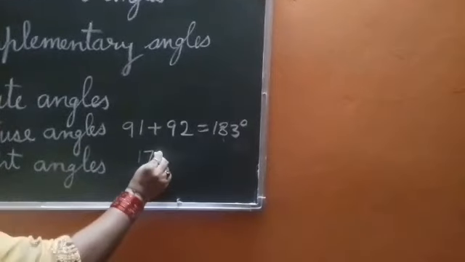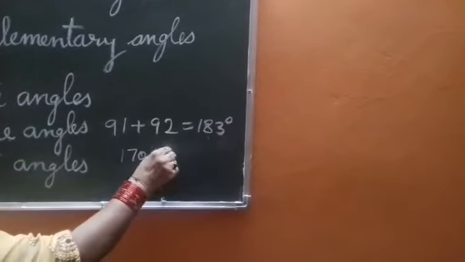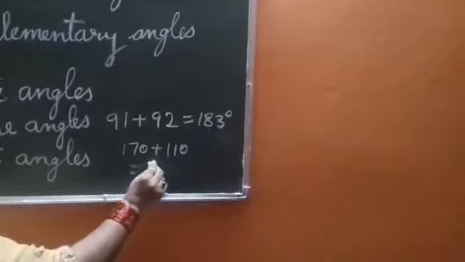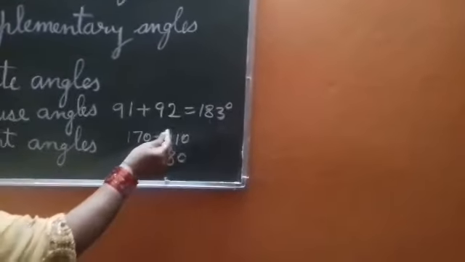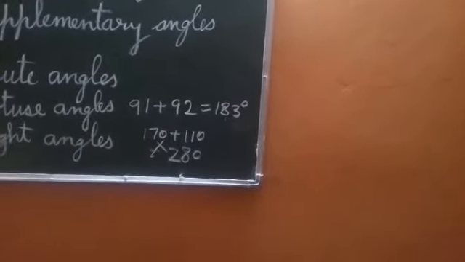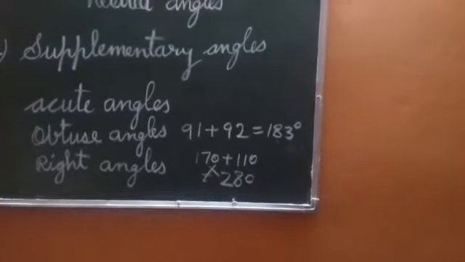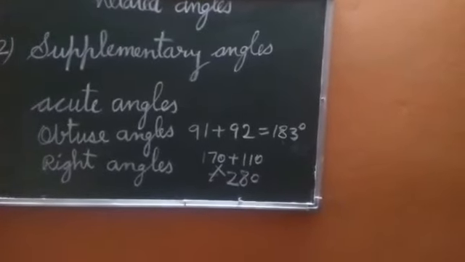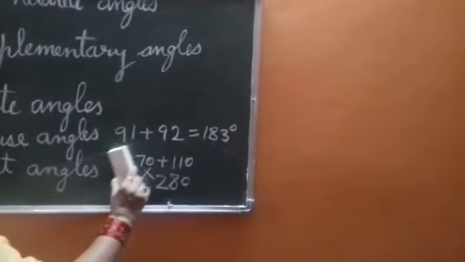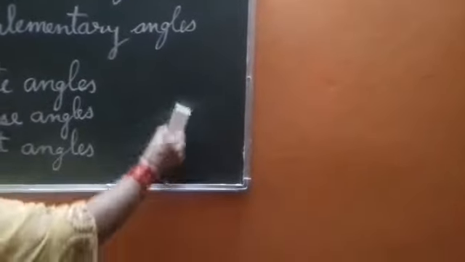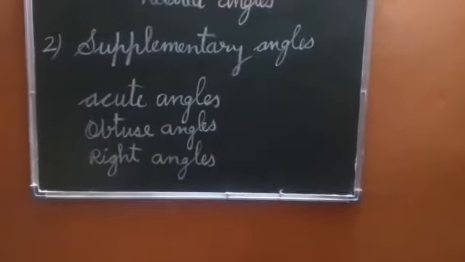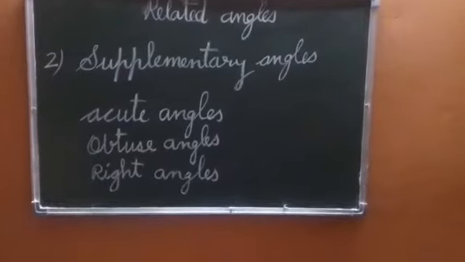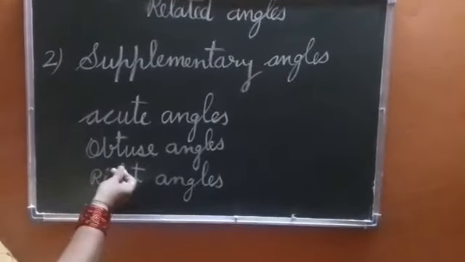If we take 170 and 110, see where we will go: 280, 100 degrees more than a supplementary angle. So two obtuse angles also cannot be supplementary at any cost, because their sum will be more than 180 degrees. In two acute angles, the sum will be less than 180 degrees. In obtuse angles, the sum will be more than 180 degrees.